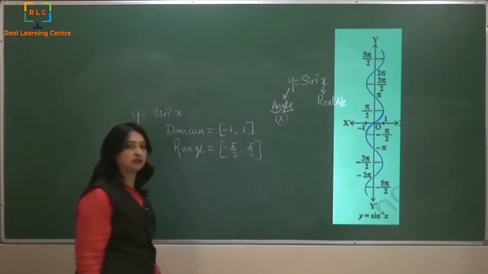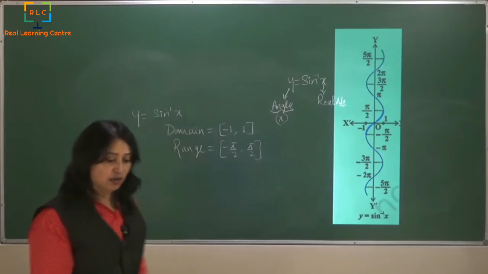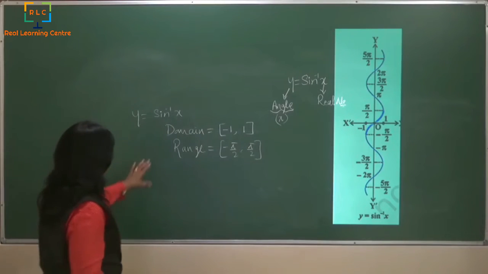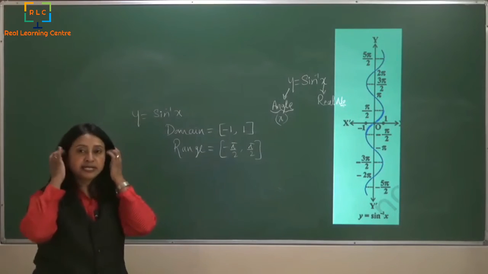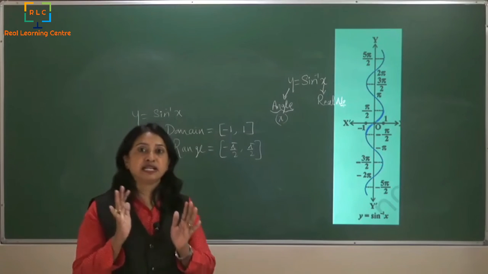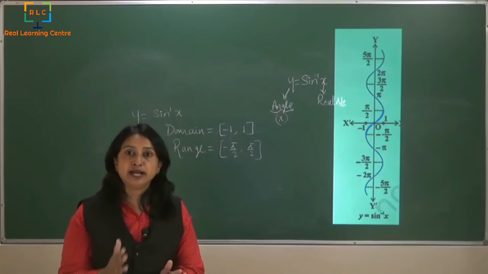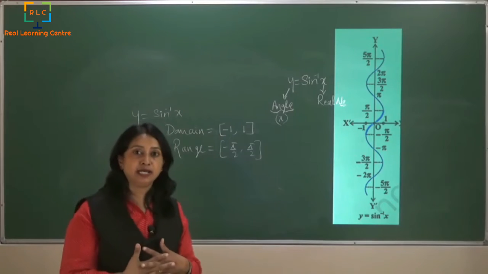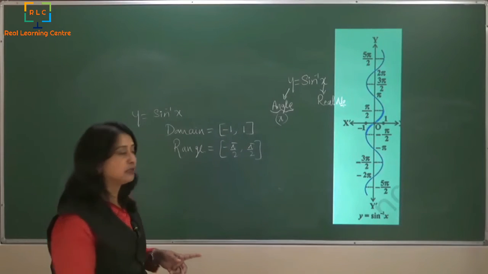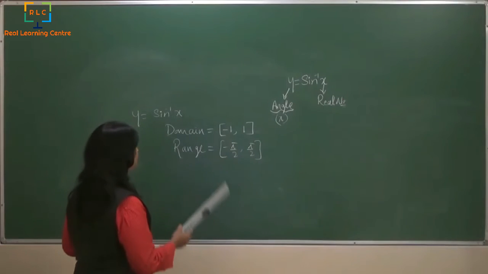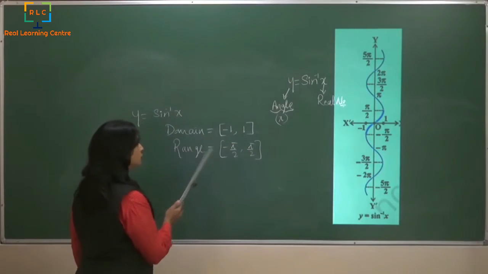This is called the range, and hence now we have the domain and the range of an inverse trigonometric function. So you understand that in inverse trigonometric function there are certain conditions, and that condition we call the principal value branch of sine theta. This is the principal value branch where domain and range are taken.